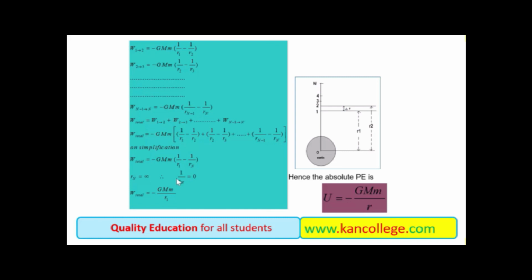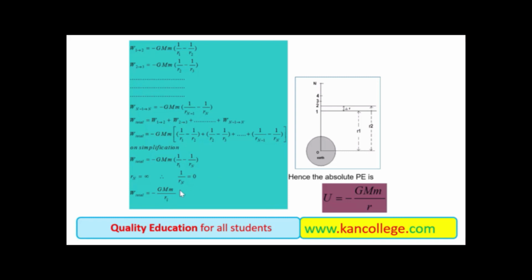When the denominator is very large, the net result is very small. So we neglect 1 over Rn, and the remaining term will be 1 over R1, which can be written as total work done is equal to G M m over R1.